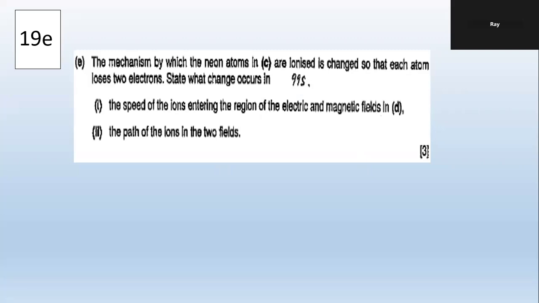The mechanism by which the ion atoms in C are ionized is changed so that each atom loses two electrons. State what change occurs in the speed of the ion entering the region of the electric and magnetic field. Any change?